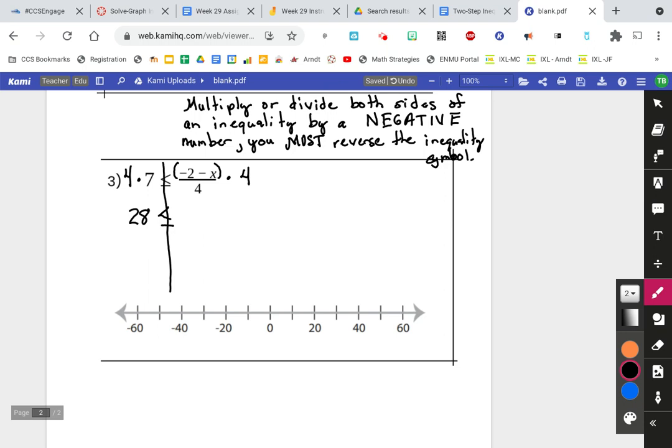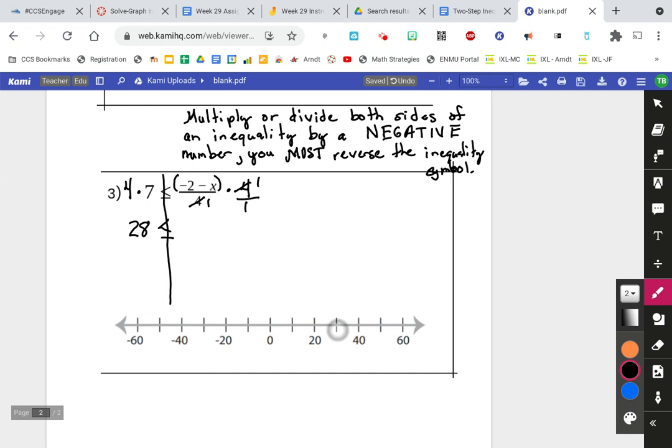And then what's going to happen over here is this 4 in the numerator and denominator are going to divide out, leaving us with a bunch of 1s times the stuff in parentheses. And when we multiply all that out, all we're going to have left is negative 2 minus x. So we have 28 is less than or equal to negative 2 minus x.